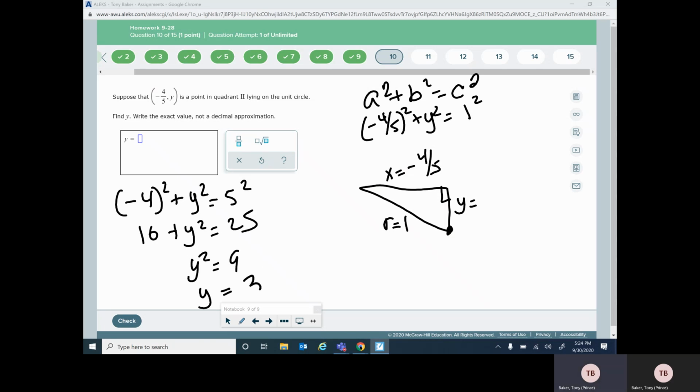So y equals 3. So my y is not going to be 3, it's actually going to be 3/5. And since y is positive, we use the positive value. If it was in the third or fourth quadrant, the x could still have been -4/5, but in the third quadrant my y would have been negative, down the bottom. So we do 3/5.